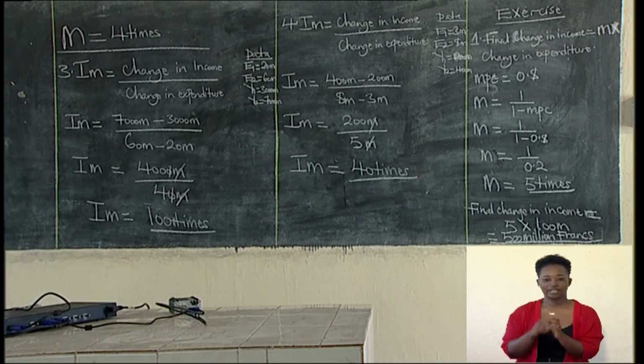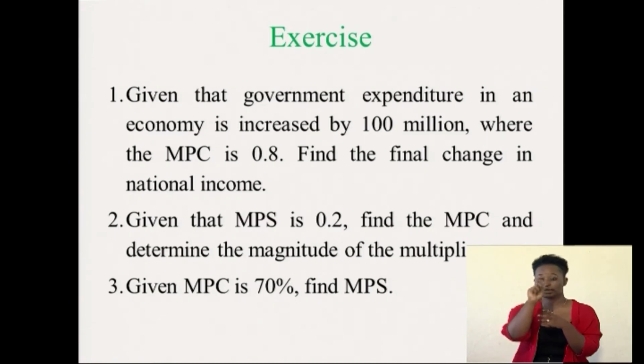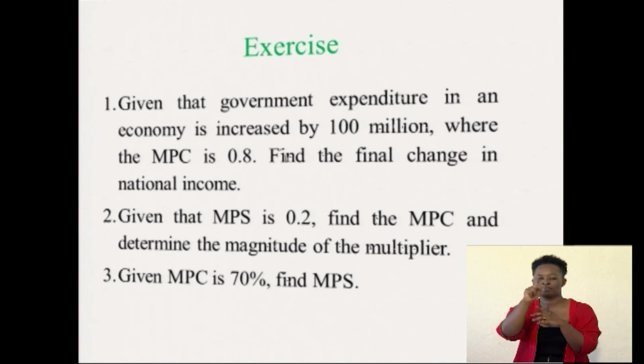There is question 2. On question 2, given that MPS is 0.2, find the MPC and determine the magnitude of the multiplier. The third question, given MPC is 70%, find marginal propensity to save.